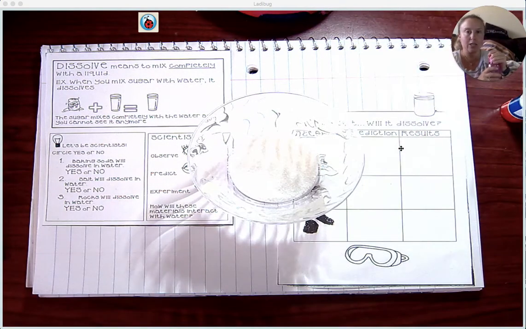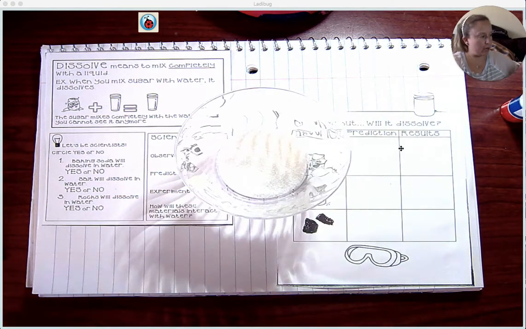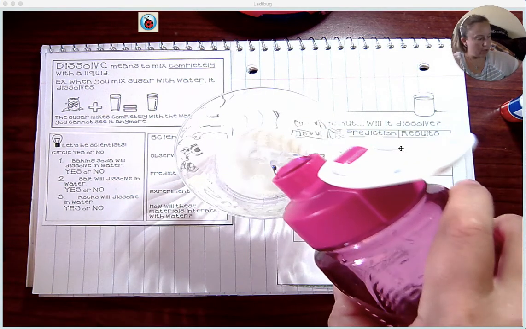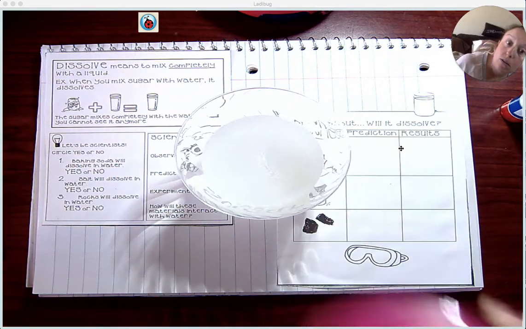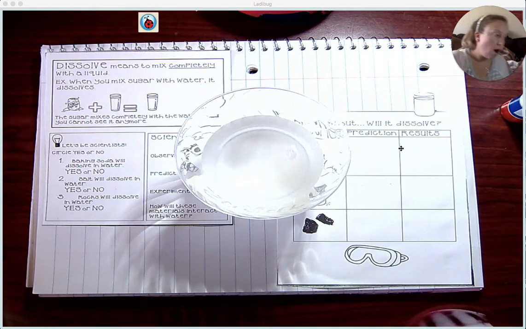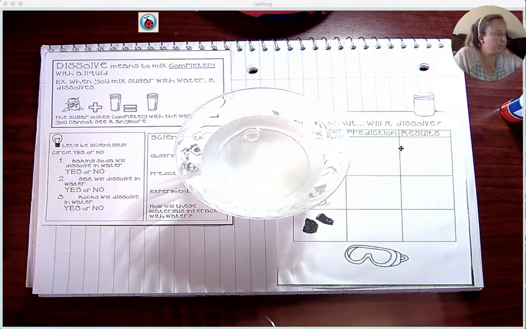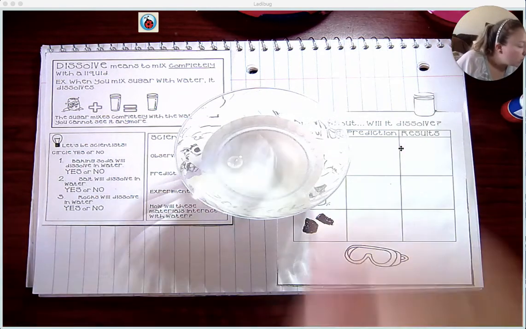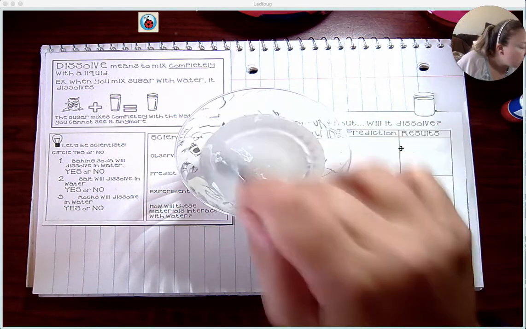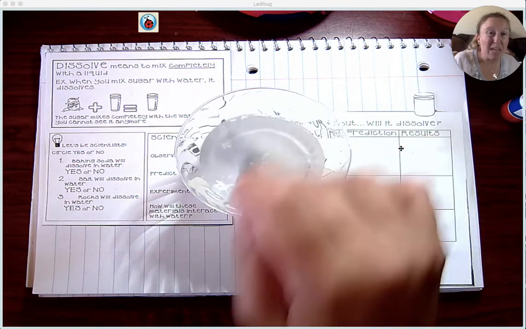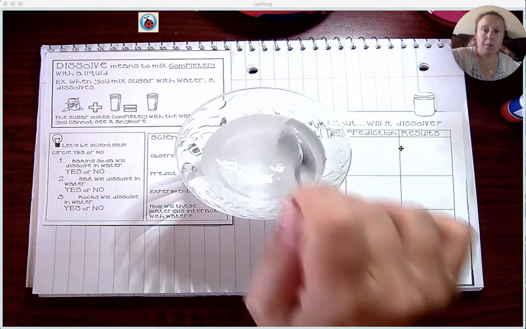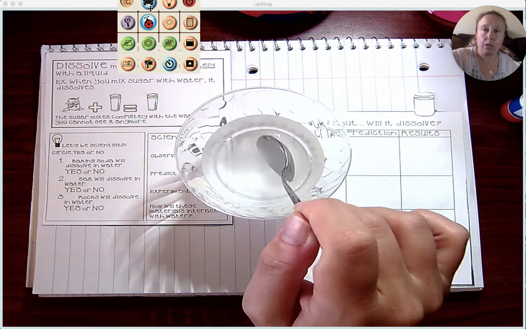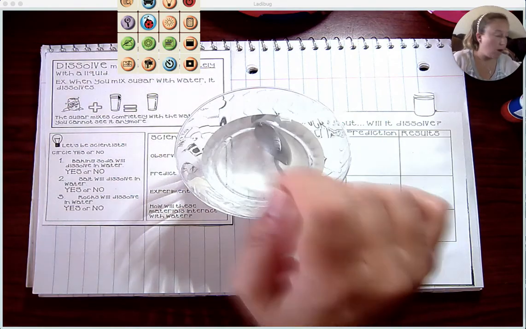And what I'd like you to do is take your sugar cup, take your water, pour the water into the sugar, listen, and watch. Take your spoon, stir it up, and watch what happens. It might be hard to see with mine, but you could be doing with yours right now, and I'll help to describe what I see.